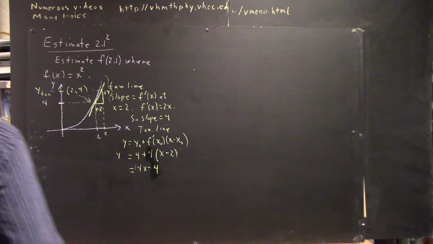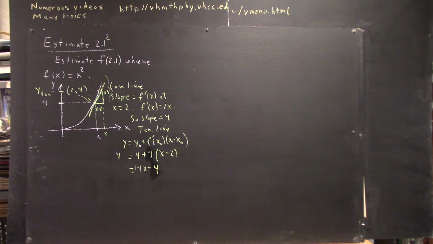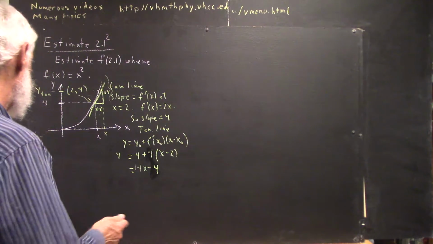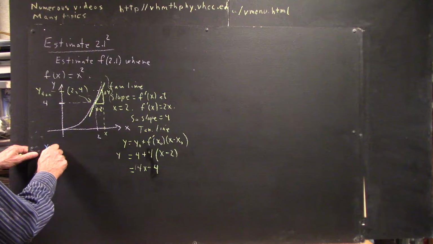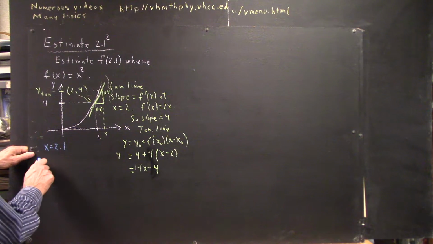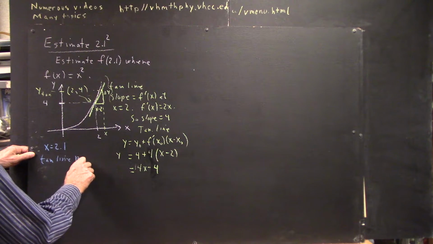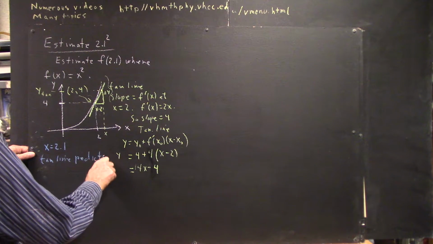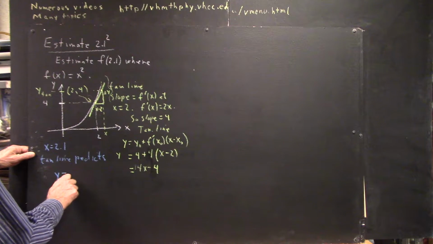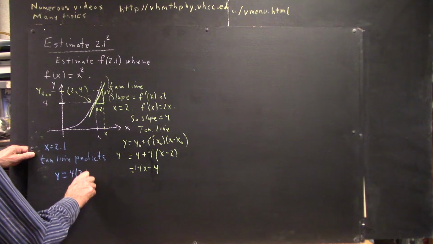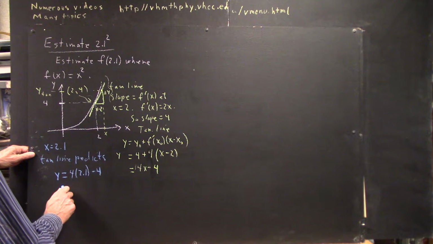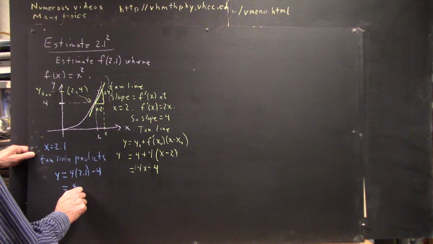Okay, so if x equals 2.1, our tangent line approximation predicts y equals 4 multiplied by 2.1 minus 4, which is 4.4.